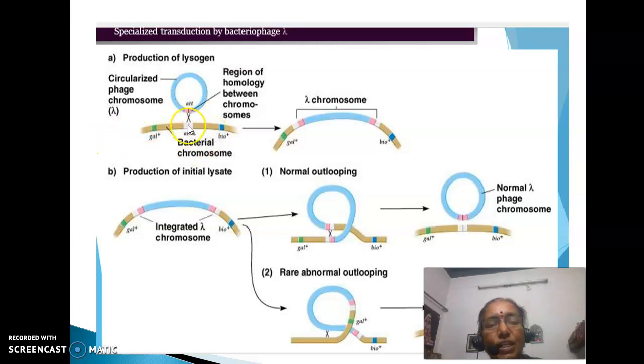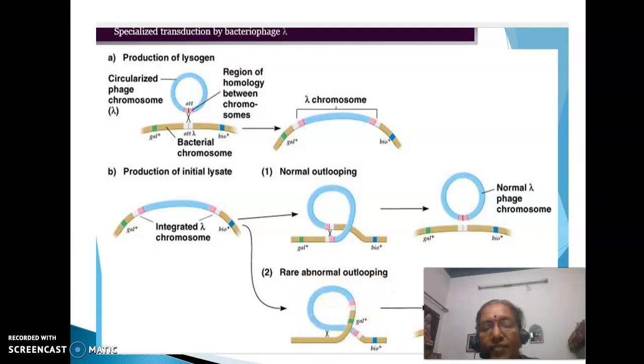So when the integration happens, because of the homology between the two regions, the lambda chromosome, or the viral chromosome, is inserted into the bacterial chromosome. This is a normal procedure of making a lysogen. After the lysogen, when it is induced to lytic mode, there will be an outlooping where the phage chromosome is again excised from the bacterial chromosome. This is a normal procedure, but rarely or in an abnormal way, a portion of the bacterial gene is incorporated into the viral chromosome.